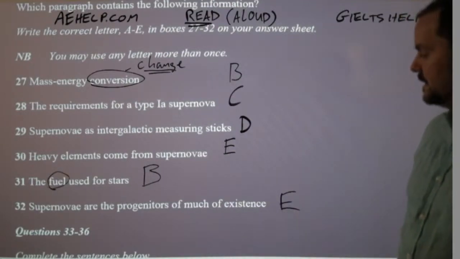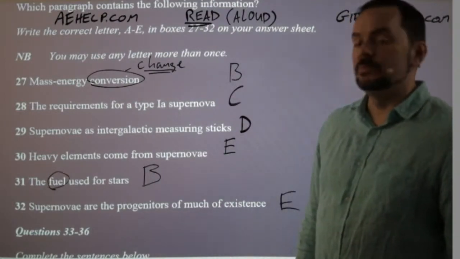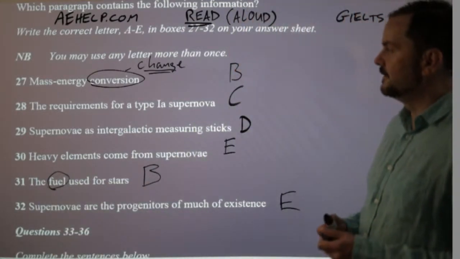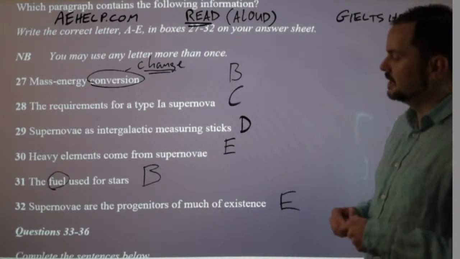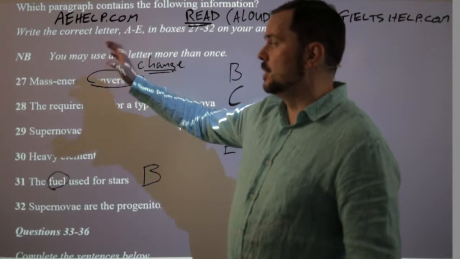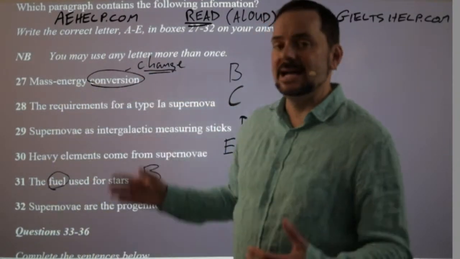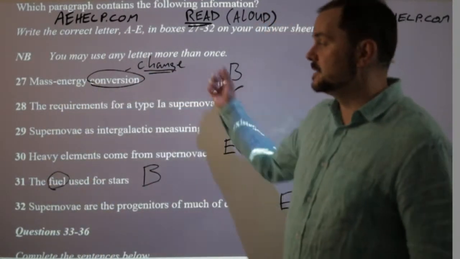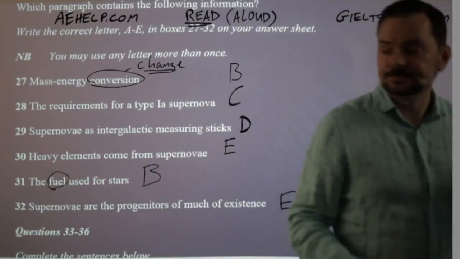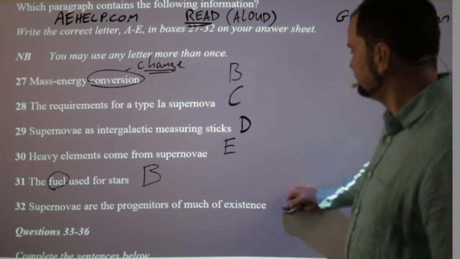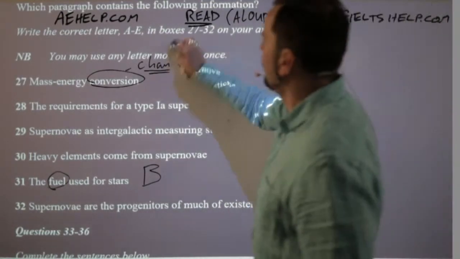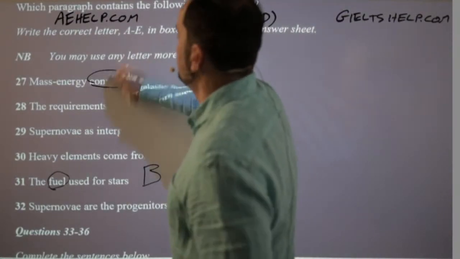It says heavier elements and most of what we see in our universe probably come from supernovae. Very good. All right. So I'm sure you can see, members, that when you read this passage clearly, this becomes a lot easier to do, right? Okay, let's keep going.